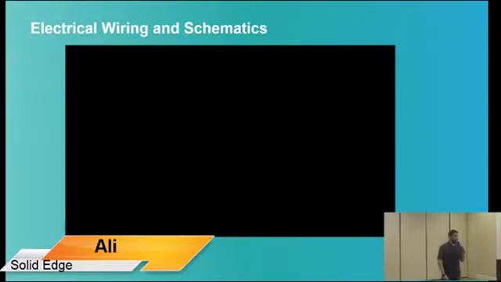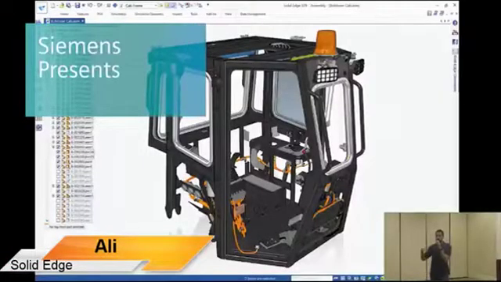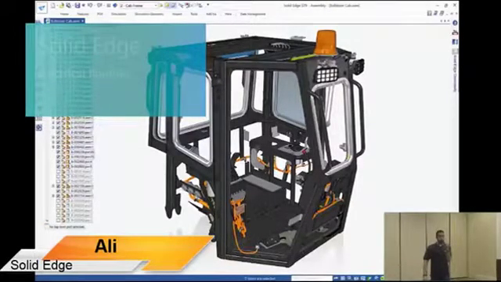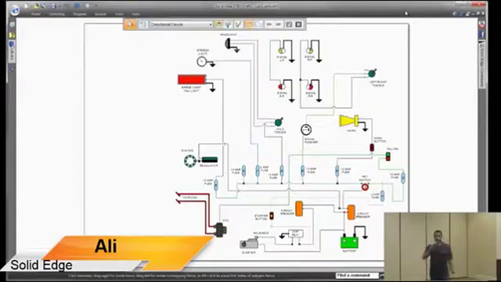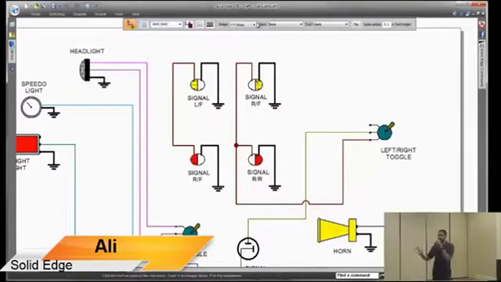Okay? And finally, in the last video, I'm going to show you guys the electrical features that we have available in Solid Edge. I think you guys have to actually submit some schematics and electrical wiring for your solar car, and in Solid Edge we have all that available here. We have the schematics available, so you can make different electrical schematics very easily.